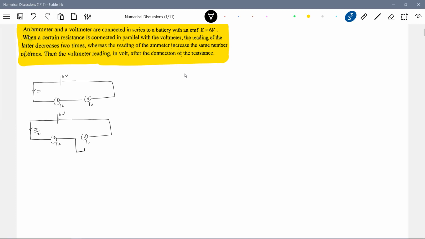Here, when I connected some resistance, the voltmeter reading has some drop, say V, now it has become V by 2. How much is the reading of the voltmeter, that is what is being asked here. I think we should calculate that value of V.